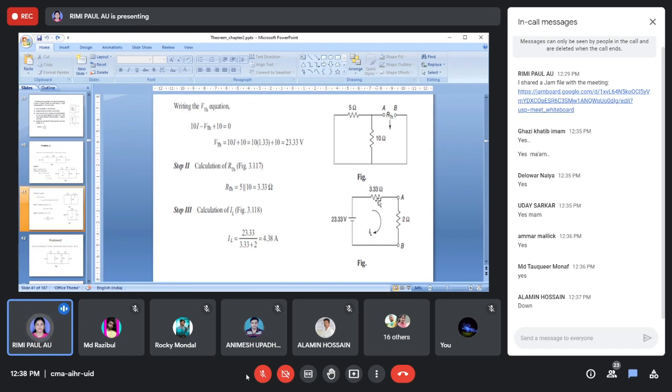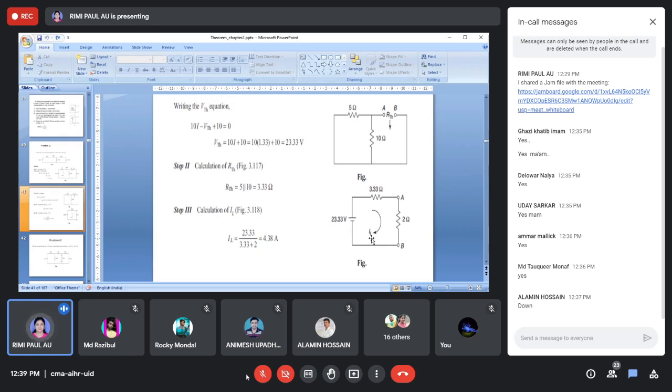And what will be the other resistance? This will be in parallel, right? So we can convert the Thevenin's equivalent network to Norton's equivalent network. What is Norton's theorem? In a linear bilateral network, we can replace the complex circuit by an equivalent circuit.